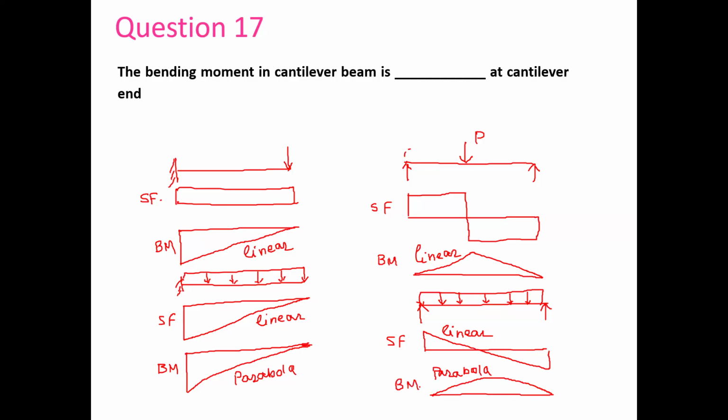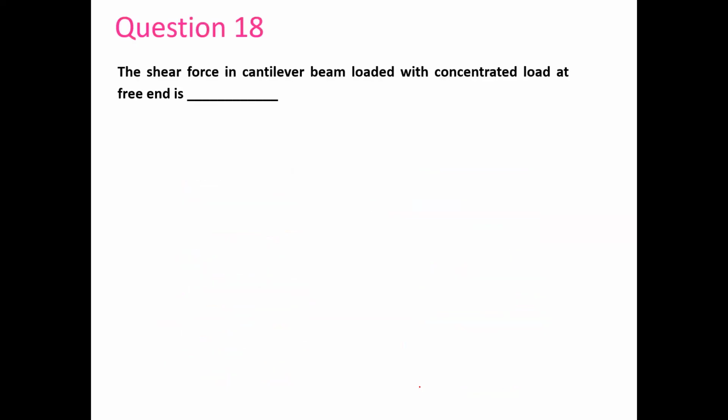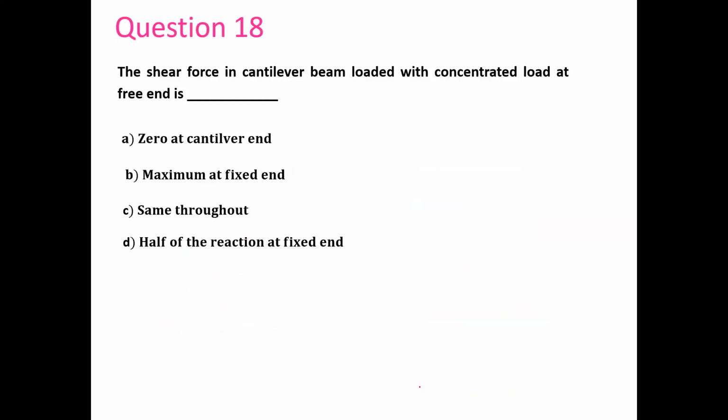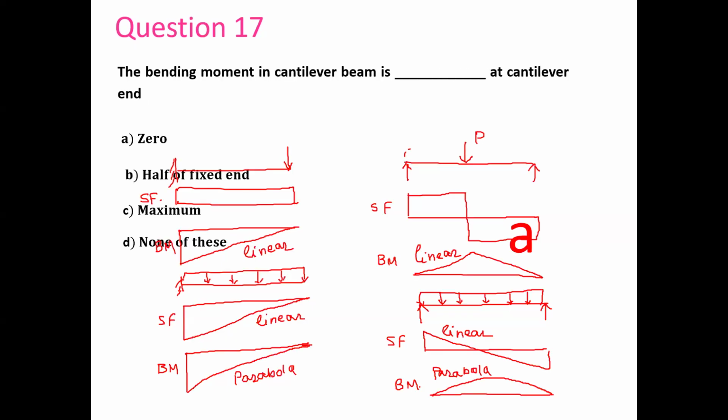So the bending moment in a cantilever beam is dash dash at the cantilever end, 0. Then the shear force in a cantilever beam loaded with concentrated load: we have the same throughout, we have just seen.